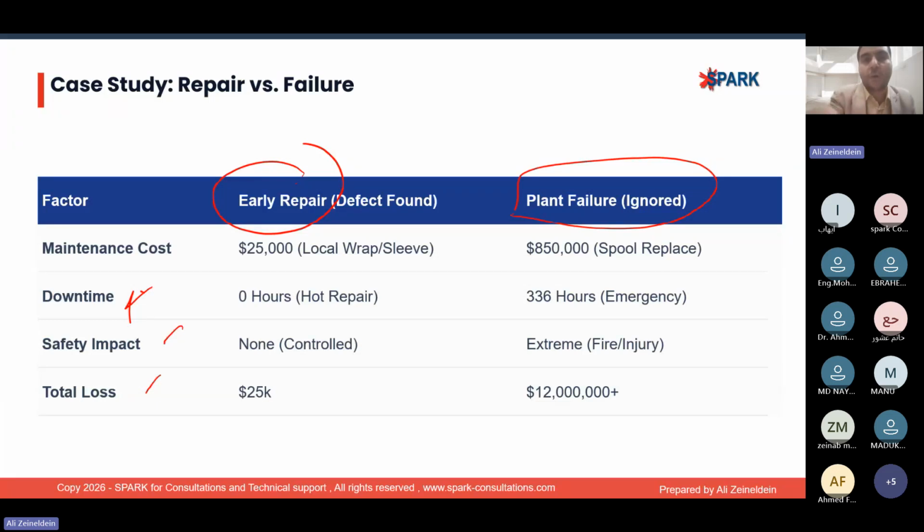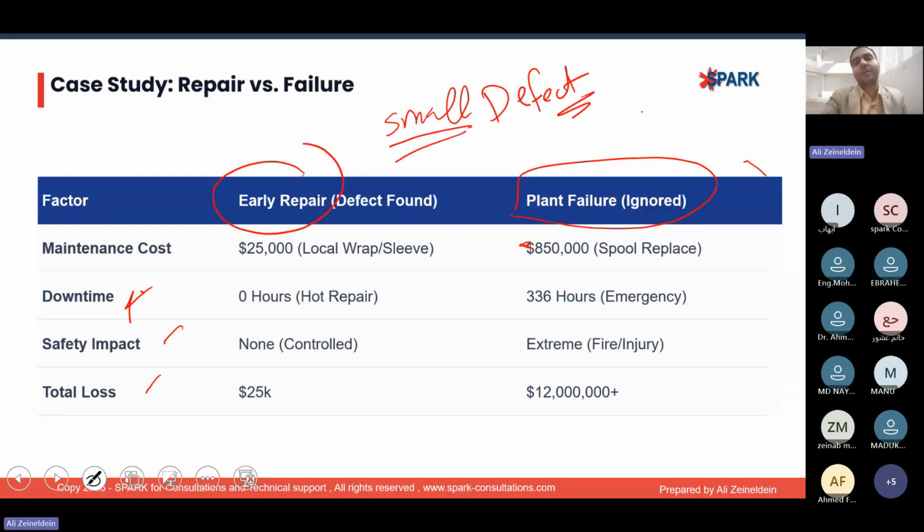So if we have a small defect from the beginning, and this small defect is unfortunately ignored, we can see in the maintenance cost here that the value is much higher for a spool replacement, as opposed to some local wrapping or a sleeve.